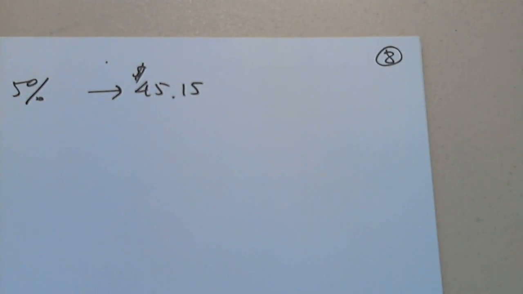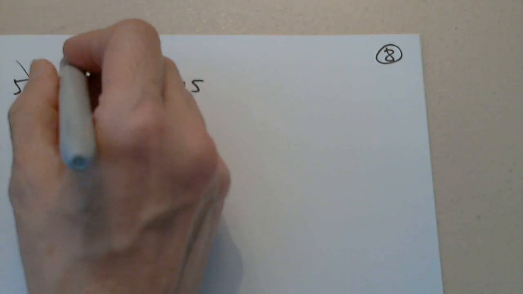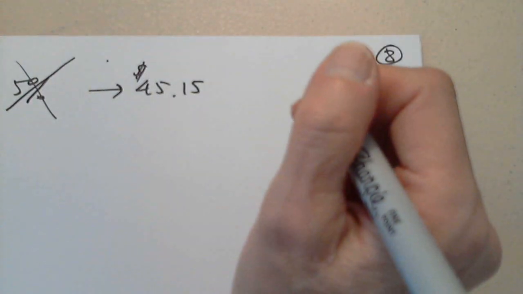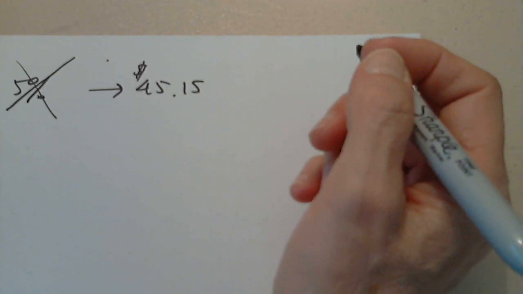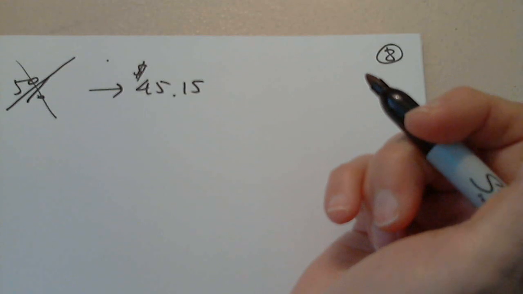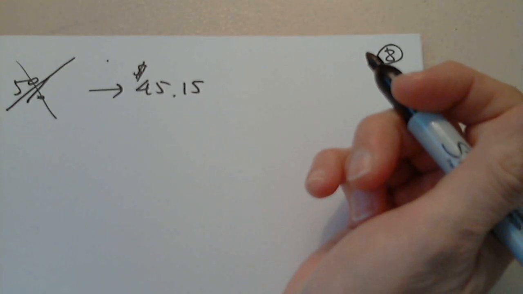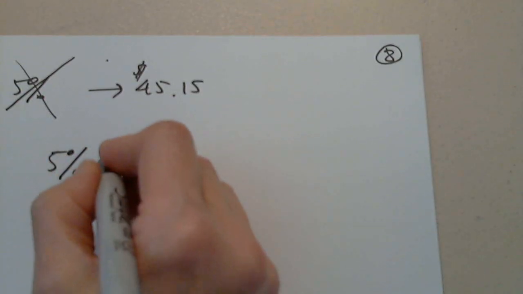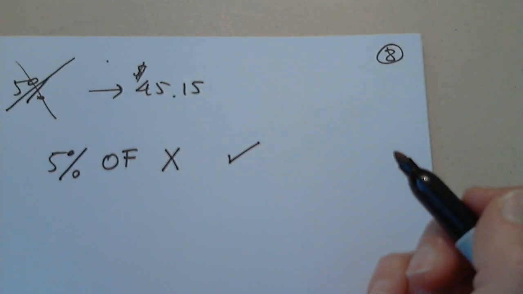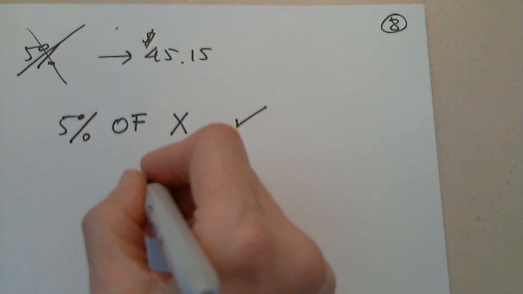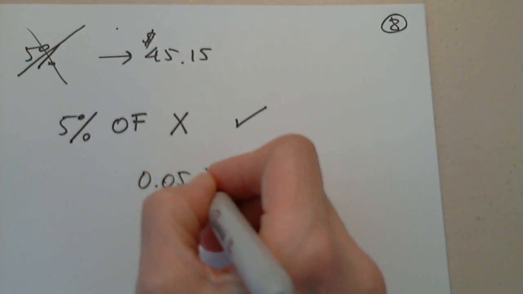No. So 5% does not exist. If I tell you my car is 5%, you're going to say you lost your mind. 5% doesn't exist. But 5% of X exists, which is 0.05 multiplied by x.